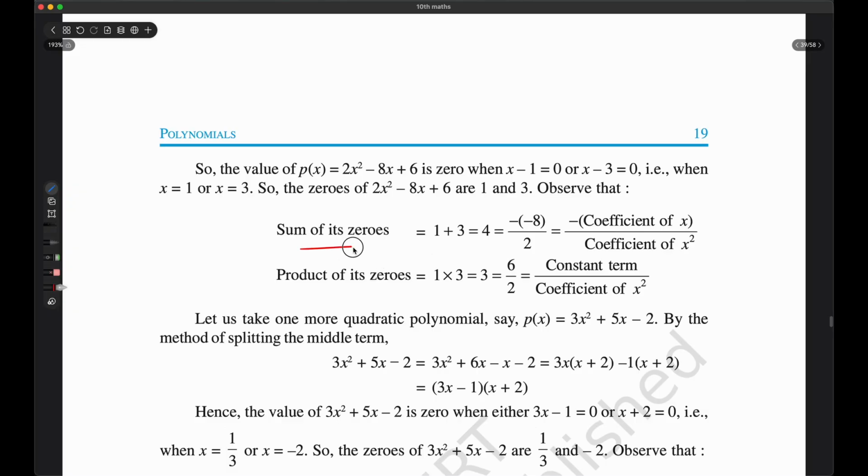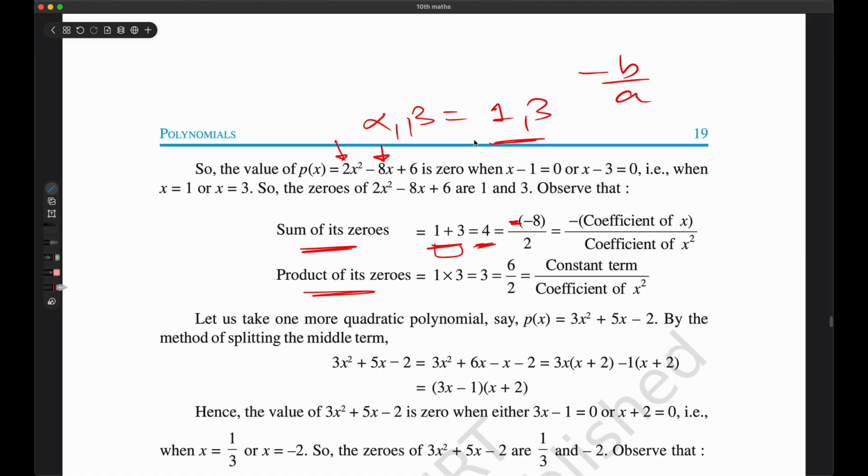Now the zeros are 1 and 3, alpha comma beta are 1 comma 3. So the sum is 4, that is equal to minus b by a, that is minus of b, the coefficient of x, that is minus 8, divided by a, the coefficient of x square, that is 2, which equals 4, the sum of zeros of the polynomial.